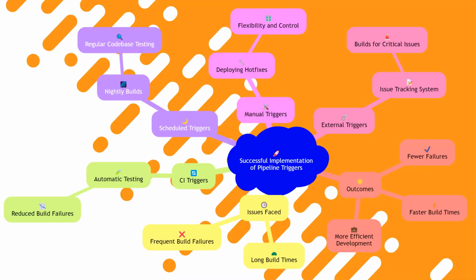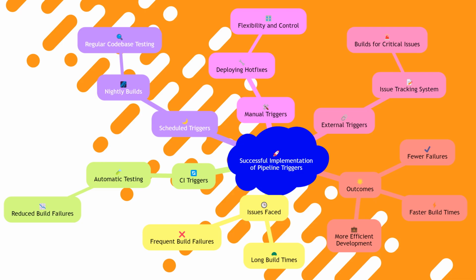Let's look at a case study of a successful implementation of pipeline triggers. A software development team was facing issues with long build times and frequent build failures. By implementing CI triggers, they ensured that every code change was automatically tested, reducing the number of build failures. Scheduled triggers were set up for nightly builds, ensuring that the codebase was regularly tested.